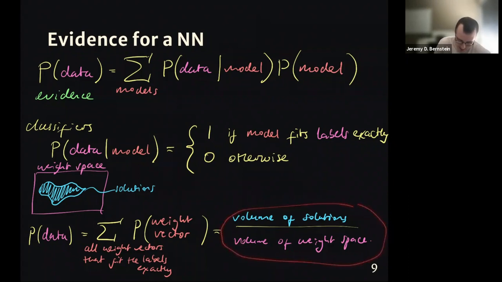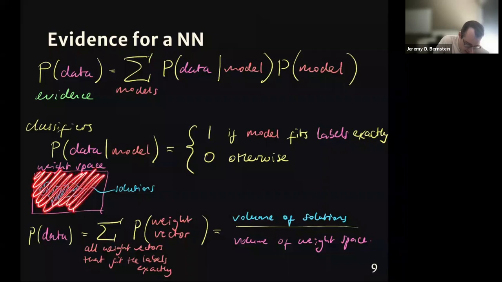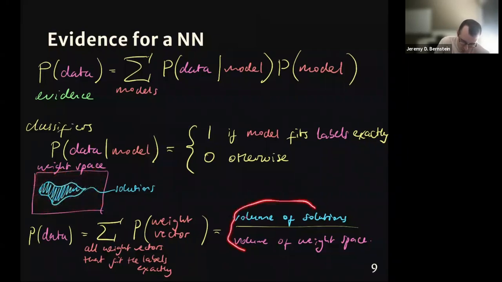So I'll emphasize it again and then ask if there are any questions. What this volume of solutions divided by volume of weight space means is, what fraction of the entire weight space do the solutions occupy? And if they occupy the entire weight space, then this ratio is 1. And that says that the Bayesian evidence for my model class is also 1.